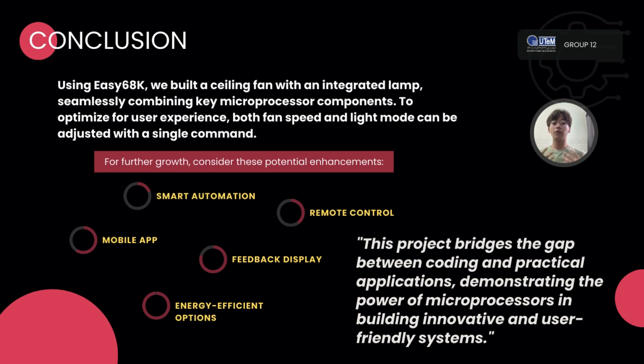For future growth in our project, we consider these potential enhancements. The first one is smart automation, and the second one is remote control. The third one is that you can control this device by using a mobile app, and the fourth one is a feedback display inside the product.